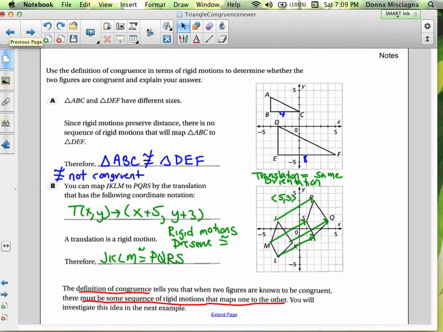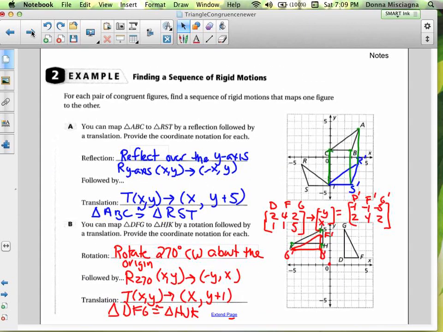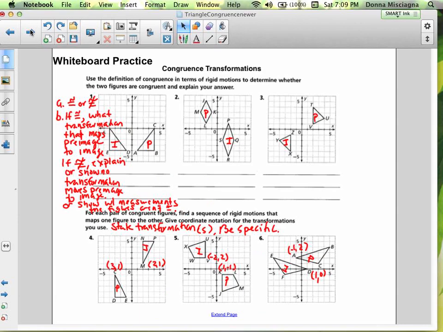And then the second thing, you have to explain your answer. So if they're congruent, there has to be a sequence of rigid transformations that maps the pre-image to the image.